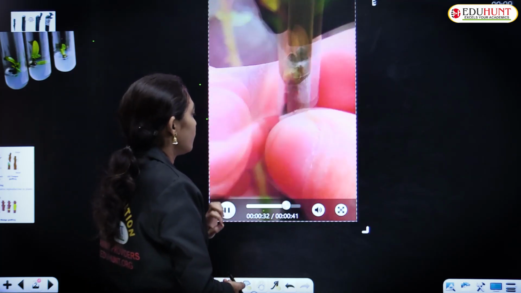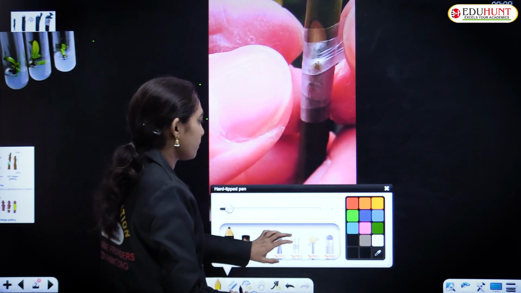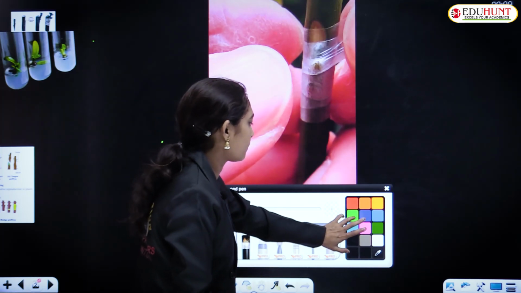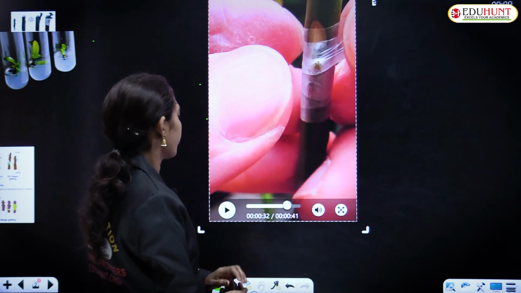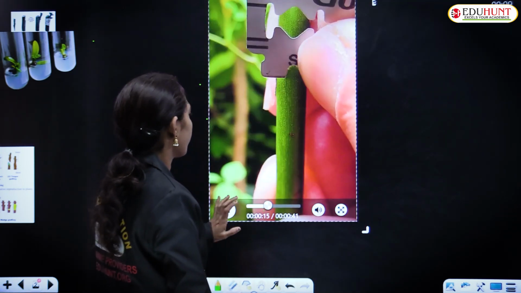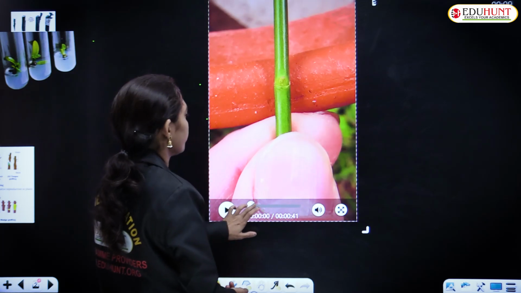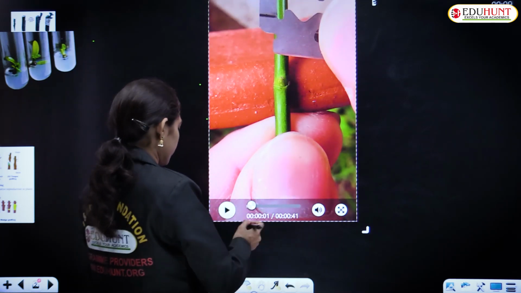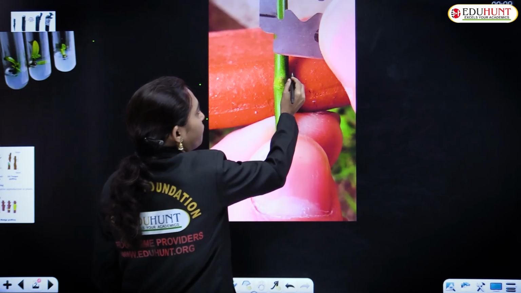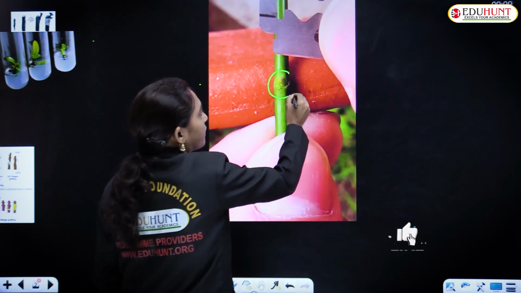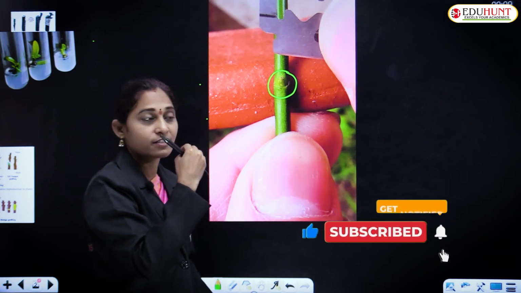Now, see, I'll label these two. From here this portion is removed to make an insertion in the stock.